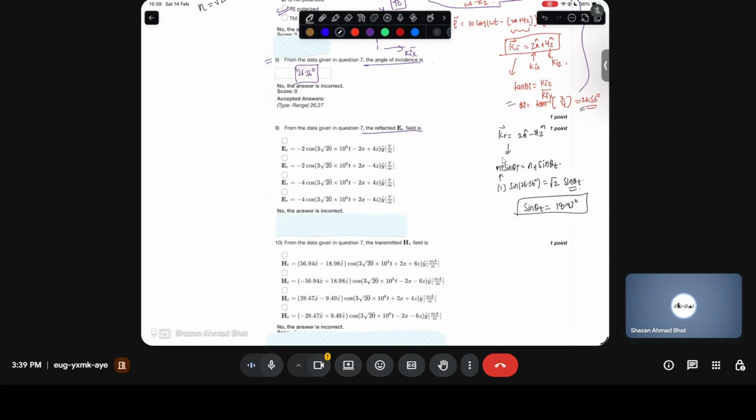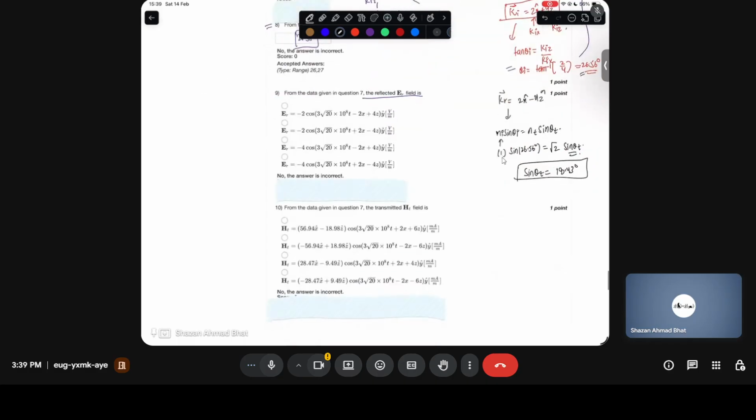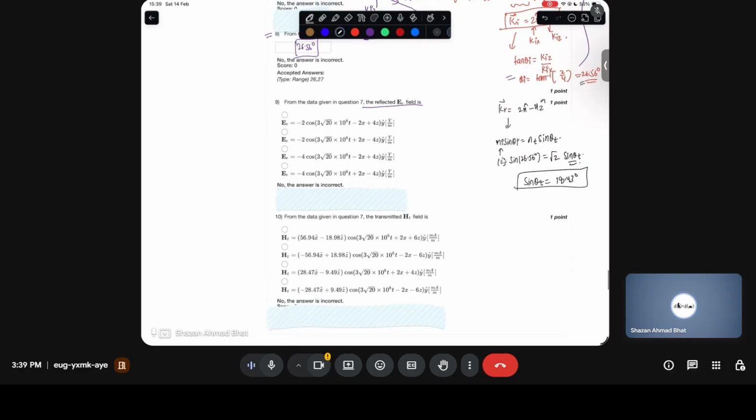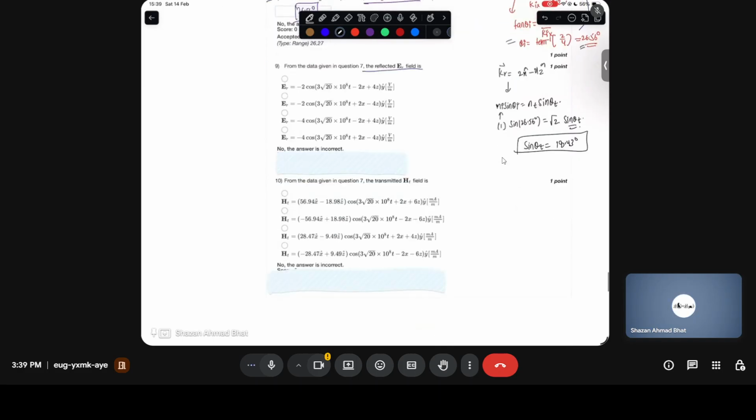Now what we are going to obtain is the reflected component. How much will be the reflected component of it? We have now obtained the theta t, that will be 18.43 degrees.